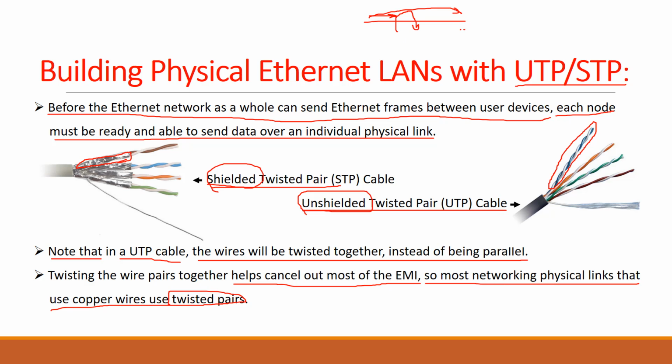The other wire also has an electrical signal passing through it, so the electromagnetic field will be in the opposite direction, and because they have the same value, the electromagnetic fields will cancel each other out, because they are equal values in two opposite directions. That's why we use twisted pairs to cancel the electromagnetic interference.